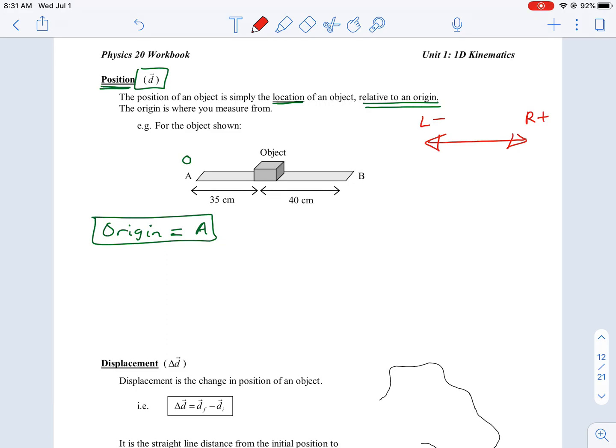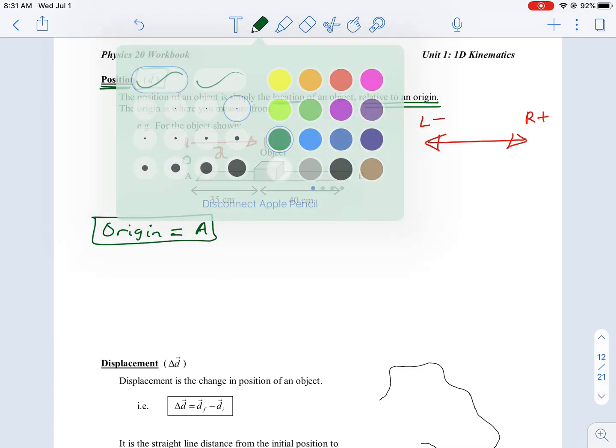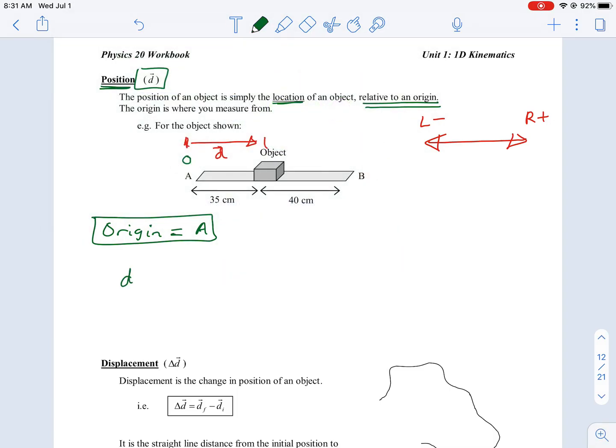Now, if we're measuring from A, like from here, and we go over to where the object is, which is here, can you see this would be the position of the object relative to A. So if the origin is A, then the position, shown as an arrow, would be equal to, can you see it's 35 centimeters to the right of the origin.